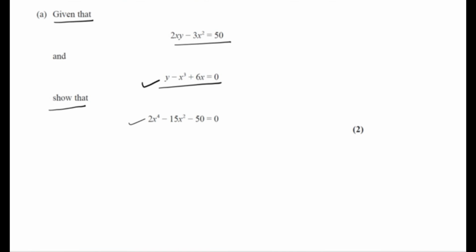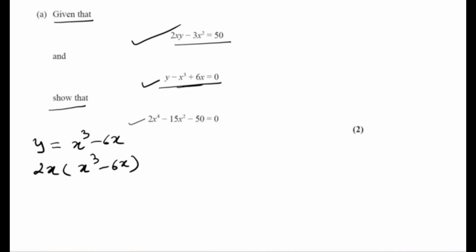So I can write it down, y is equal to x cubed minus 6x. So I moved x cubed and 6x to the other side. And this value of y I am substituting in this equation. So 2x (x cubed minus 6x) minus 3x squared is equal to 50.